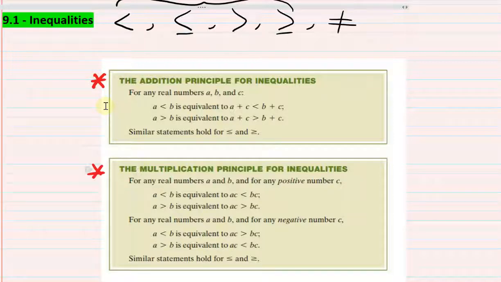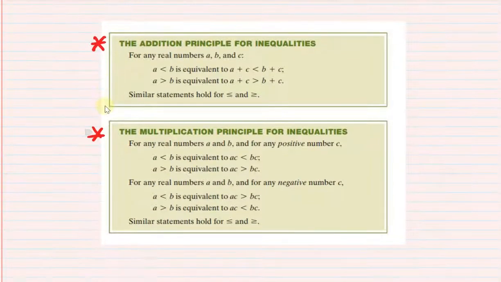And then the multiplication principle, or multiplication rule of inequalities, tells us that we can multiply or divide both sides of an inequality by any number that we like, non-zero, anything other than 0.